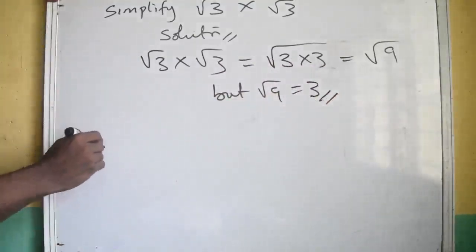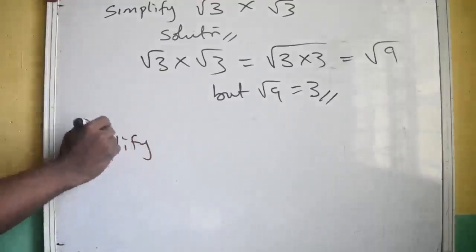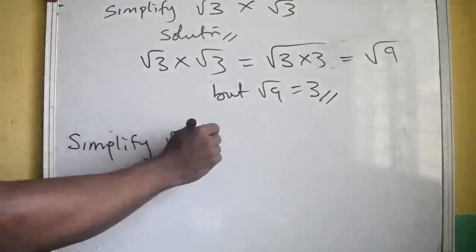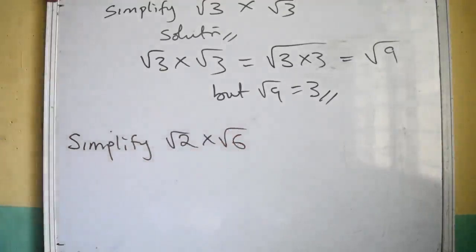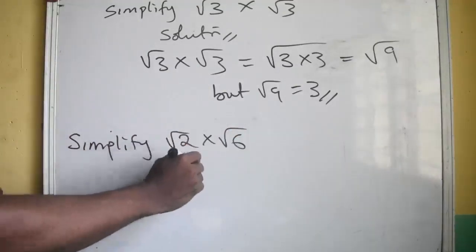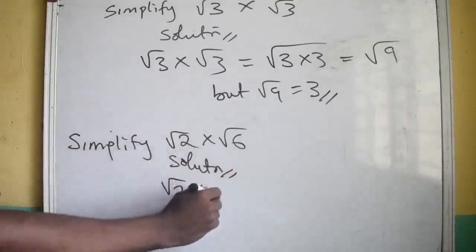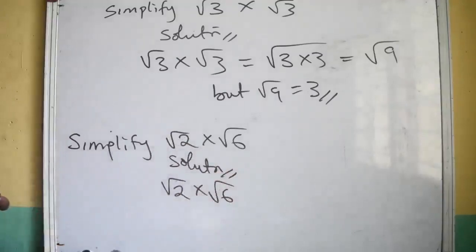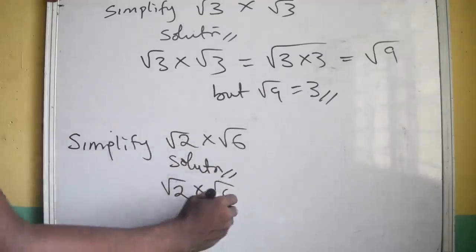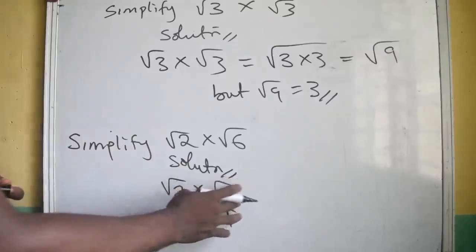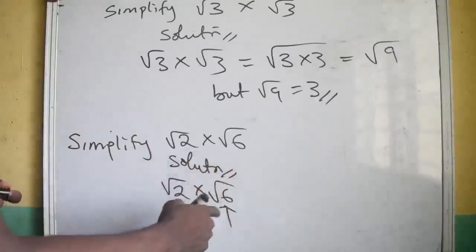Suppose you are given this to do: simplify root of 2 multiplied by root of 6. If you write the solution here, you bring down the question, which is root 2 multiplied by root 6. In this regard, you consider that root 6 is never a perfect square, and 6 also doesn't have such factors.